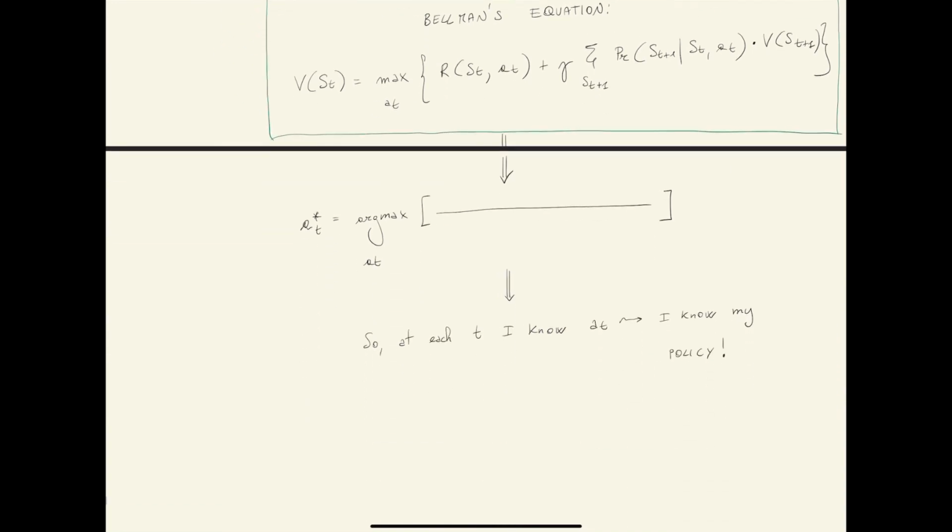So, as at each time step t, I know what to do, I know my action to be taken at a time step t, I know my policy, and I know what to do. That's a bit what I wanted to say about the Bellman equation.